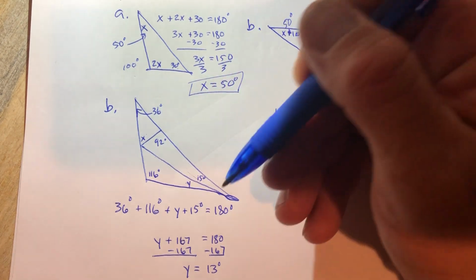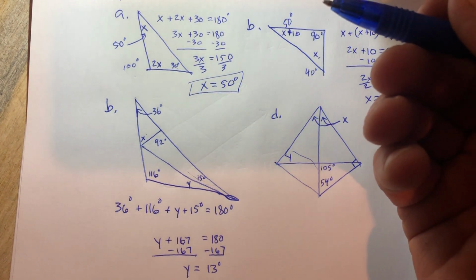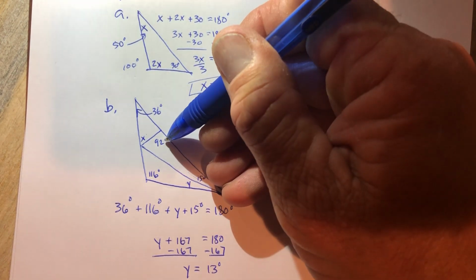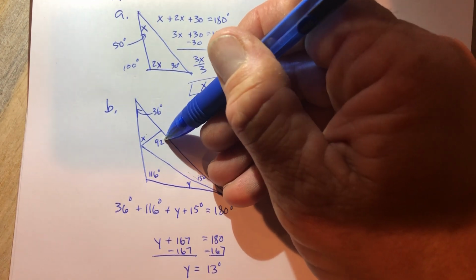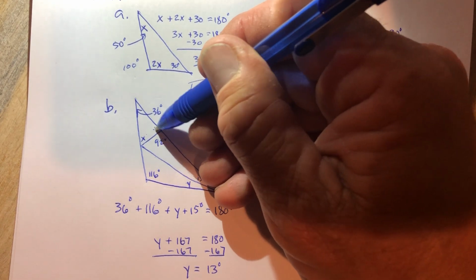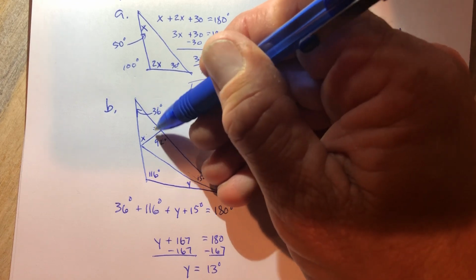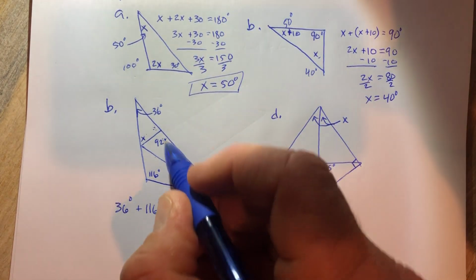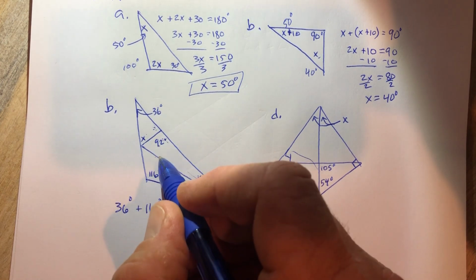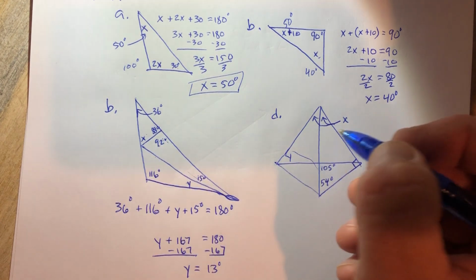Now x, on the other hand, I've got to figure that one out. For me, the shortest way to do that is to start here with the 92 degrees. If this is 92 degrees here, I know that these two angles have to add up to 180 degrees, because they're on the same line together. So 180 minus 92 is going to give me 88 degrees there.